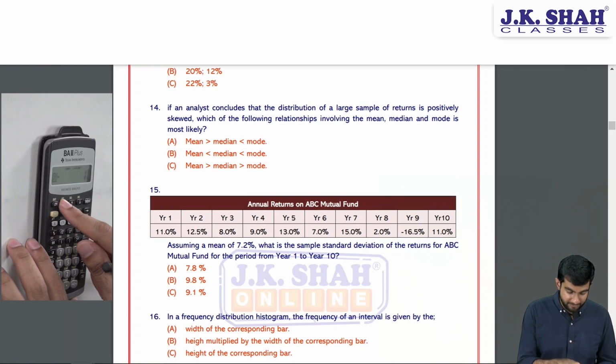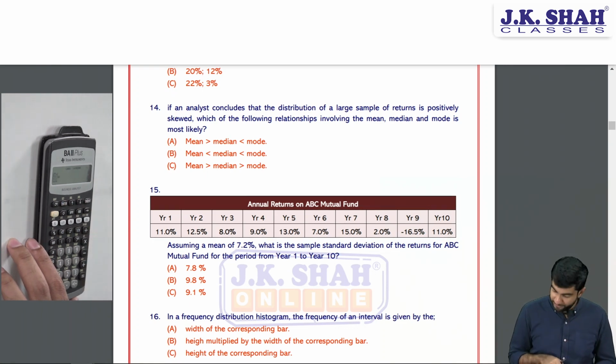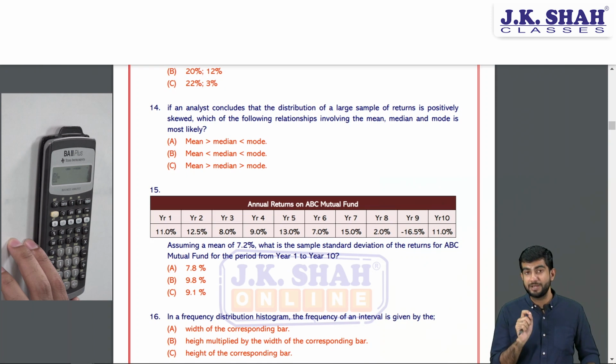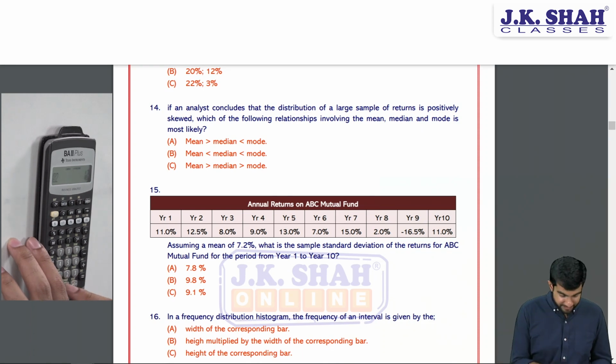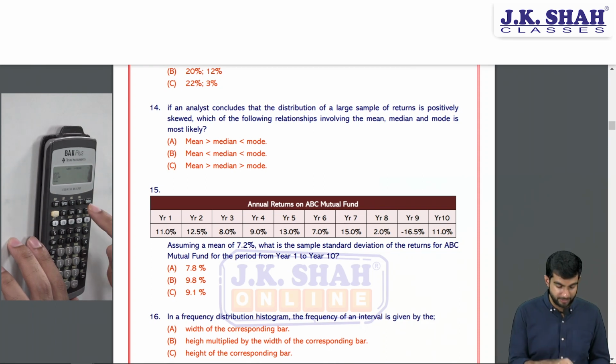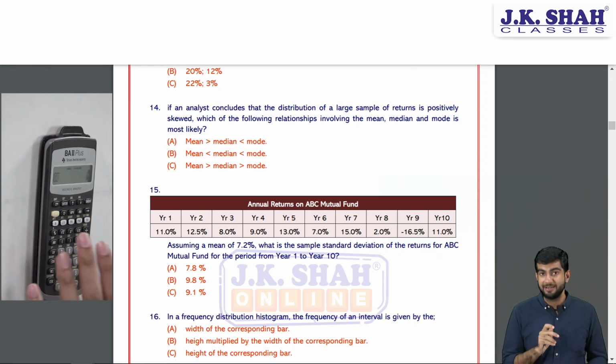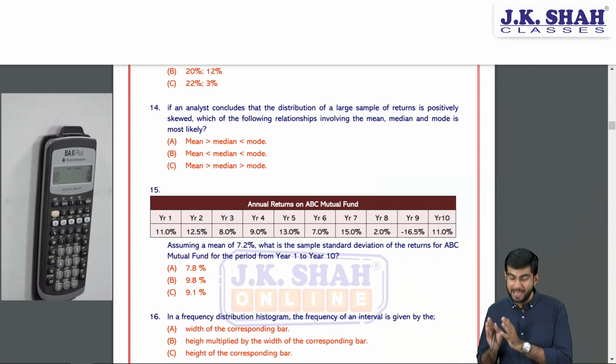Input 11, enter, down arrow. If y01 is appearing, ignore that. We do not need that as of now. Press the down arrow. x02, 12.5, enter, down arrow. y02, ignore, down arrow. Like that, keep inputting till x10.